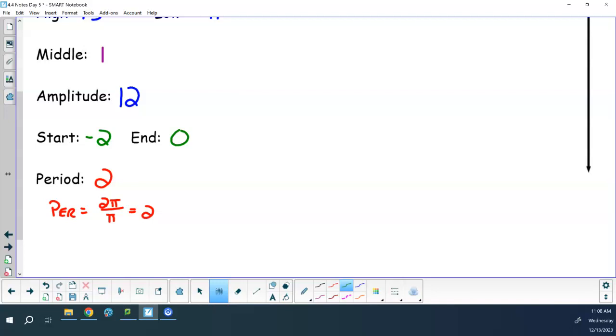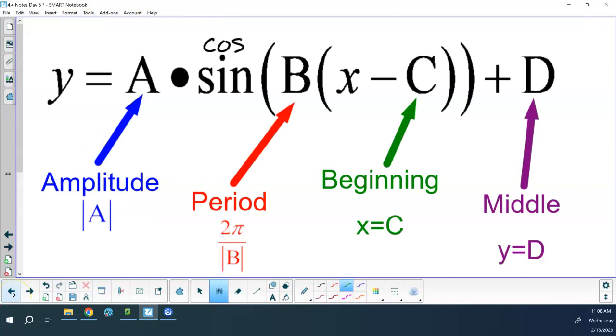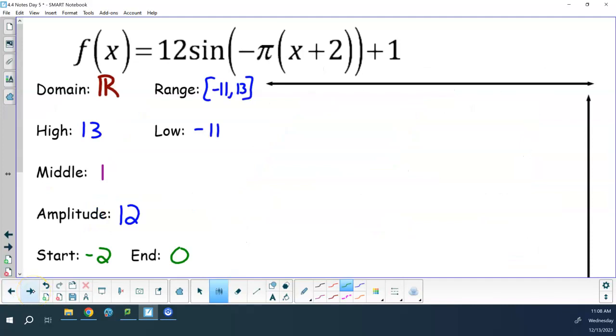No, because remember it's the absolute value of B. Okay. Now, we got a sine curve. Sine curve normally starts where? Middle.